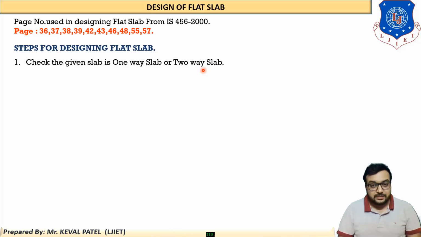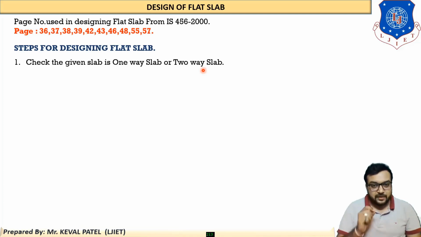There are 5 limitations of the direct design method, and the first limitation clearly mentions that the flat slab is designed if the ratio of longer span to shorter span, I repeat, longer span to shorter span, is less than 2.